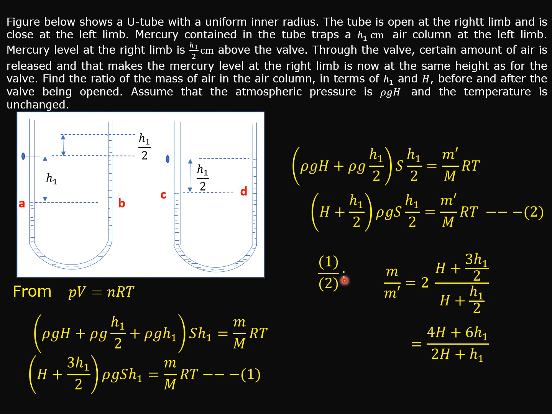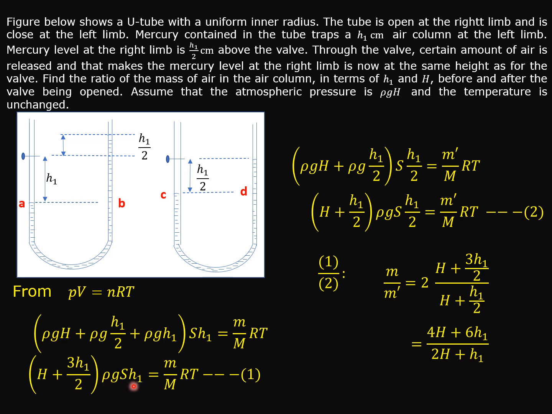Now, if we take equation 1 and divide by equation 2, then on the right hand side of the equality sign, the M R T and M R T cancel out. So we have m over m prime. This is the ratio that we want to find, the ratio of the mass in the air columns before and after the valve is opened. Now it is equal to, we look at this part and this part.